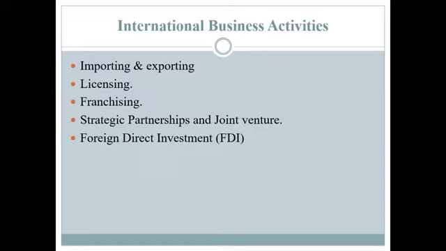So overall, the first activity through which you can enter into international business is importing and exporting. Importing means bringing something inside, exporting means sending something outside.